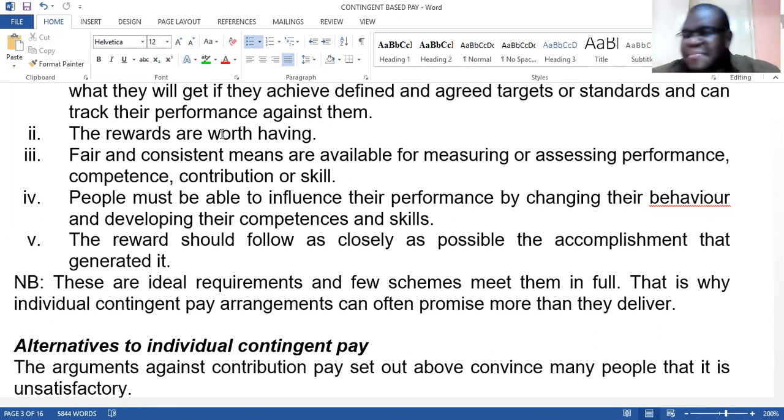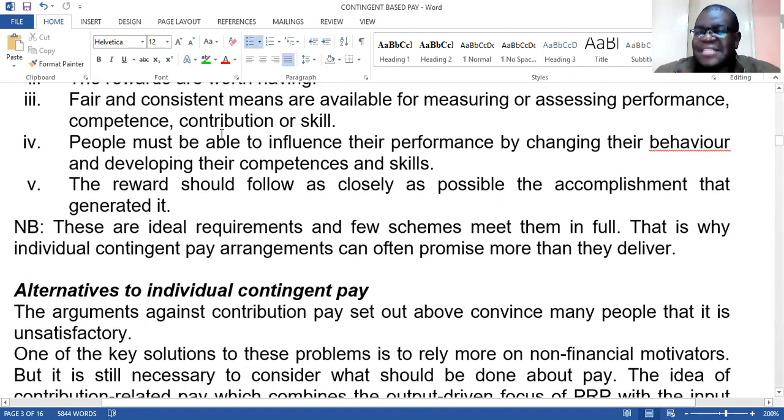Number three, the scheme should be administered in a manner that is fair and consistent. That as we measure performance, competence, contribution, skills, the measures that we are using should be fair and administered in a consistent manner that everybody feels they have been dealt with fairly.